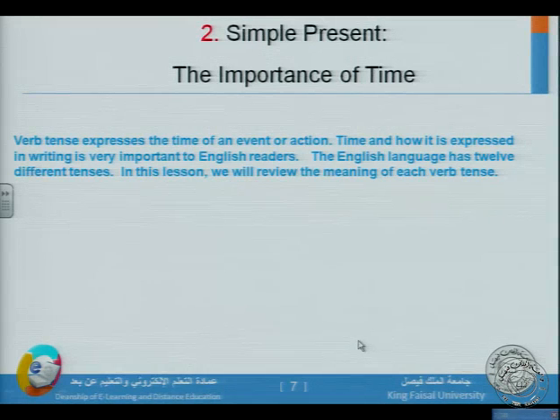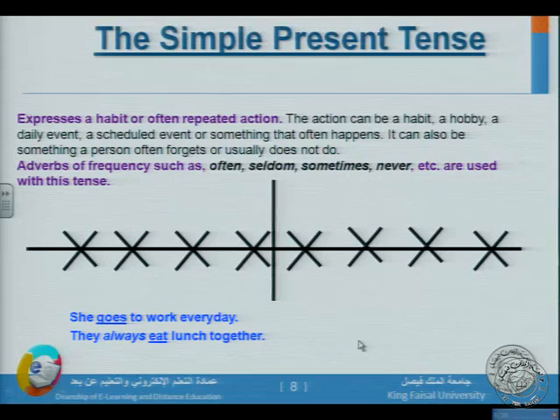The English language has 12 different tenses. In this lesson, we will talk about the simple present. Later on, we will review the meanings of each verb tense. So, let us start with the simple present tense.